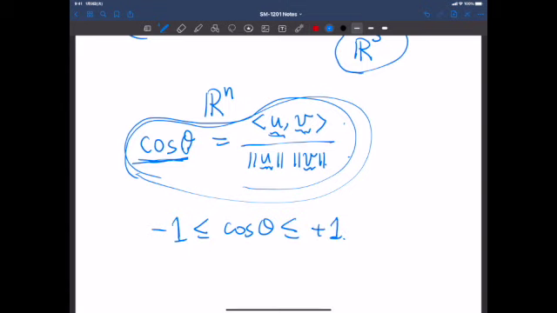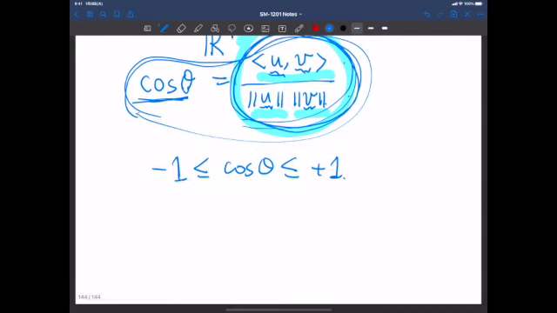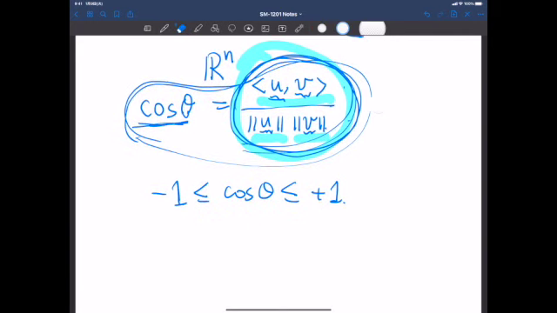Right? So if we cannot guarantee that this quantity on the right hand side, the scalar product divided by the product of moduli of two vectors, belongs to this interval, then this equation may not make sense, because if, for example, this value is 2, then what's the cosine theta?